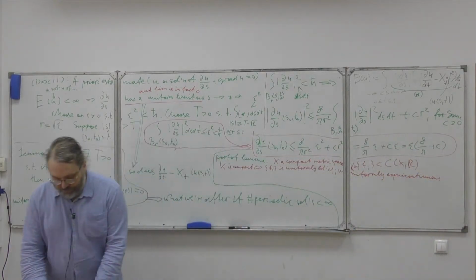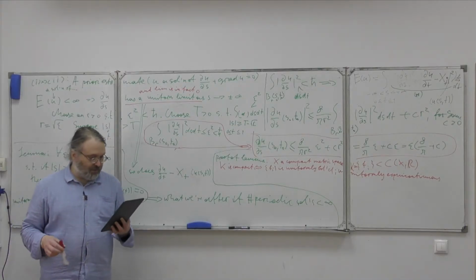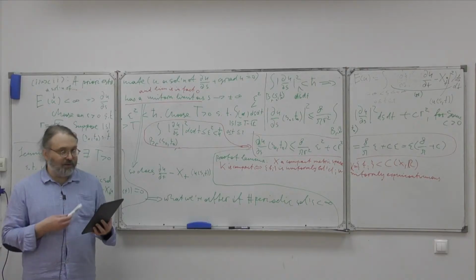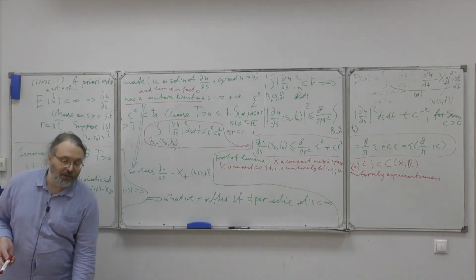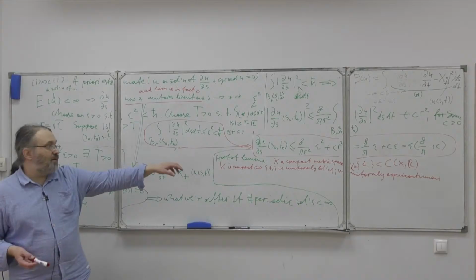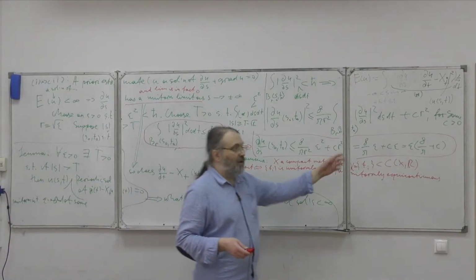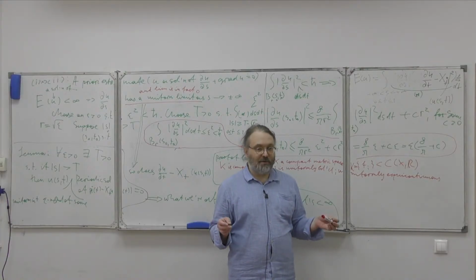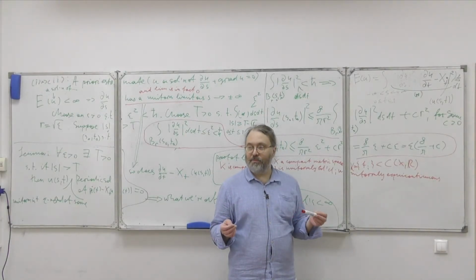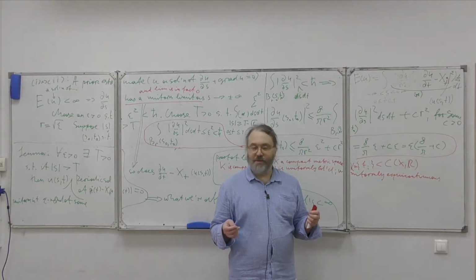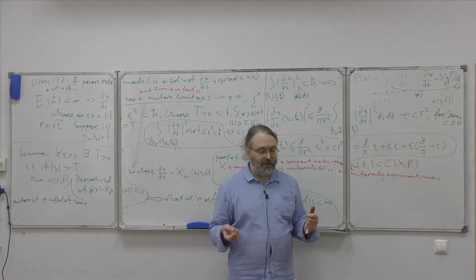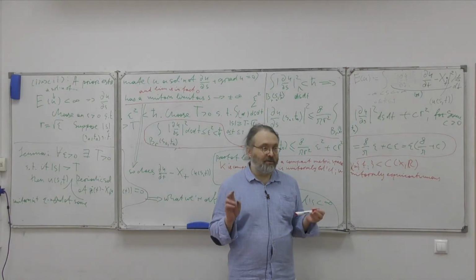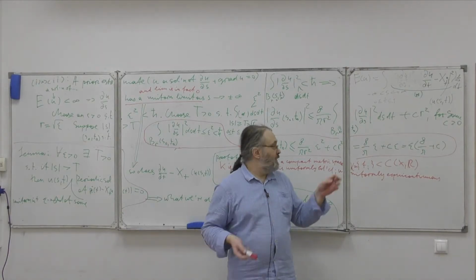What does this mean? This means all maps from X to R are uniformly continuous. This is a theorem by Cantor or Weierstrass. Probably Weierstrass. I'm not sure.